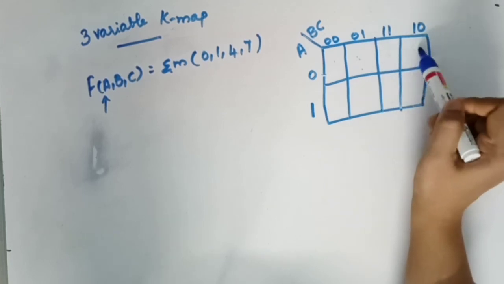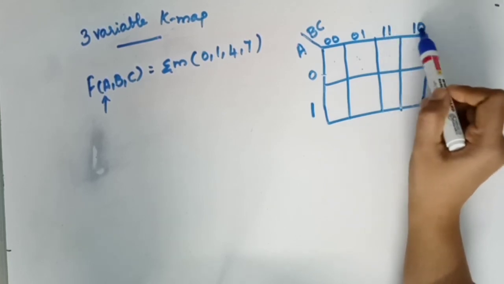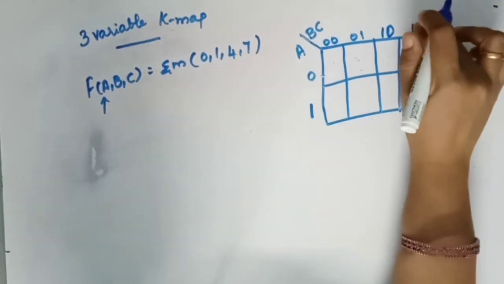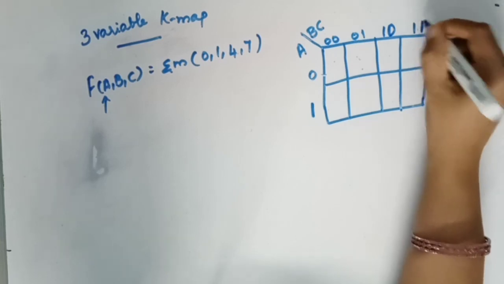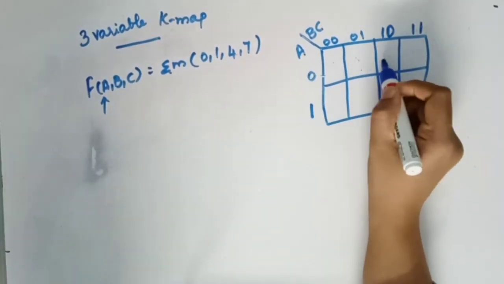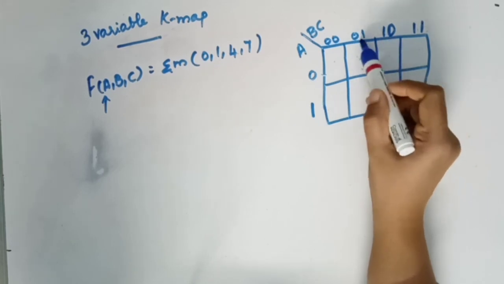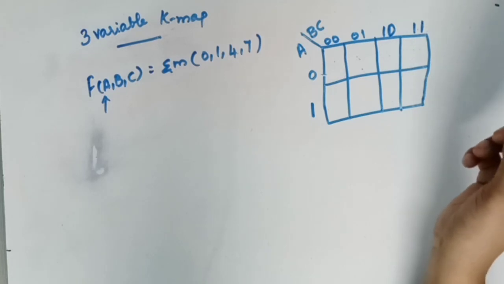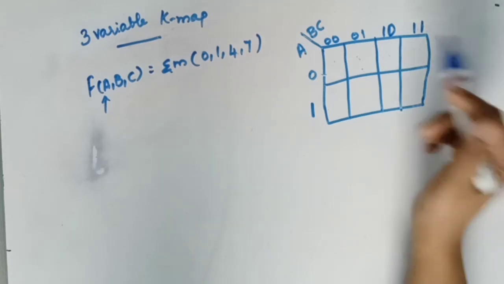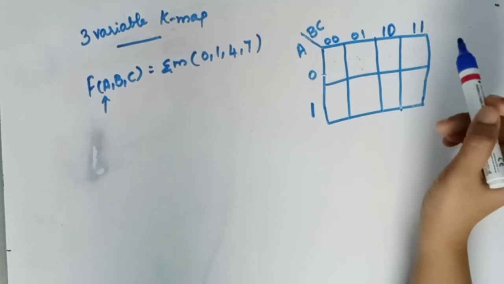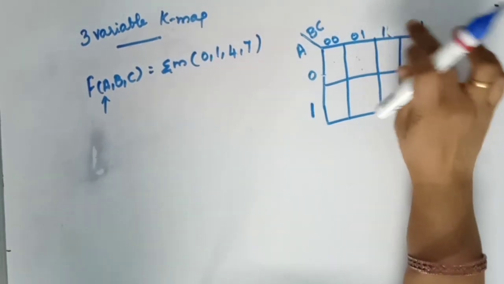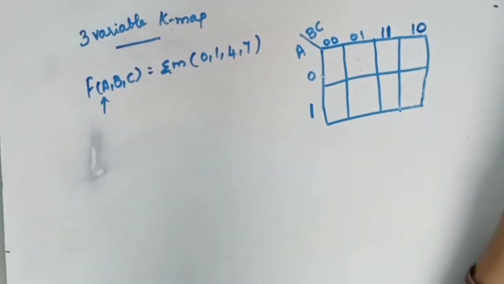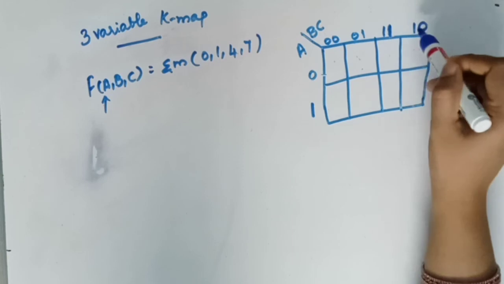If you take these two, B is the same, C is different. Now suppose you had written it the normal way, then if you take these two cells, B and C are both changing. So you can't have a common value because everything will be different. That's why we are writing it as 1, 1, 1, 0. So always write 0, 0, 0, 1, 1, 1, 1, 0.